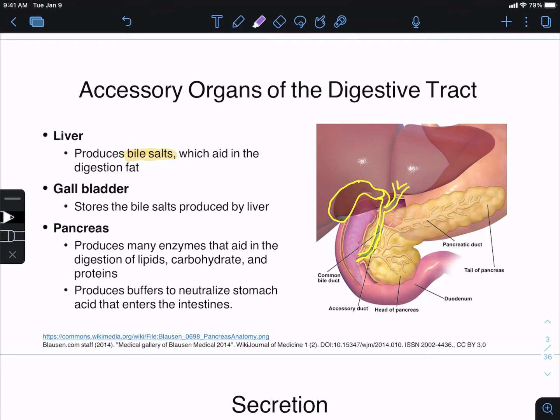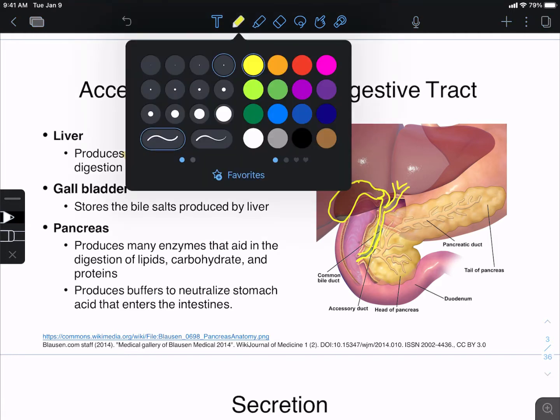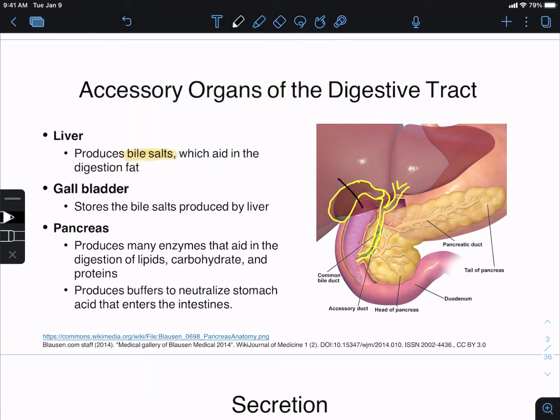It is stored temporarily in the gallbladder, as I mentioned, but you can remove the gallbladder, and this is actually a somewhat common surgery. If you end up with gallstones, these are hardened deposits made of bile salts that crystallize. The gallbladder can become quite painful in those situations, can cause a number of digestive issues, and sometimes the decision is made to completely remove it.